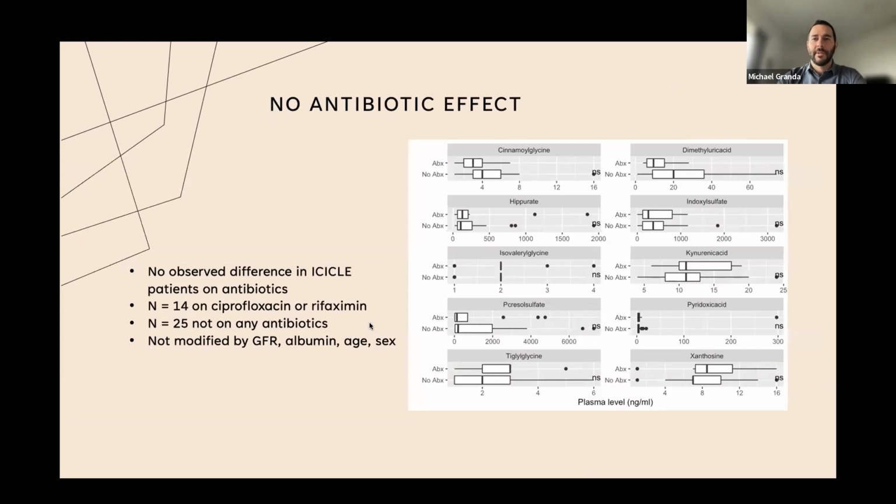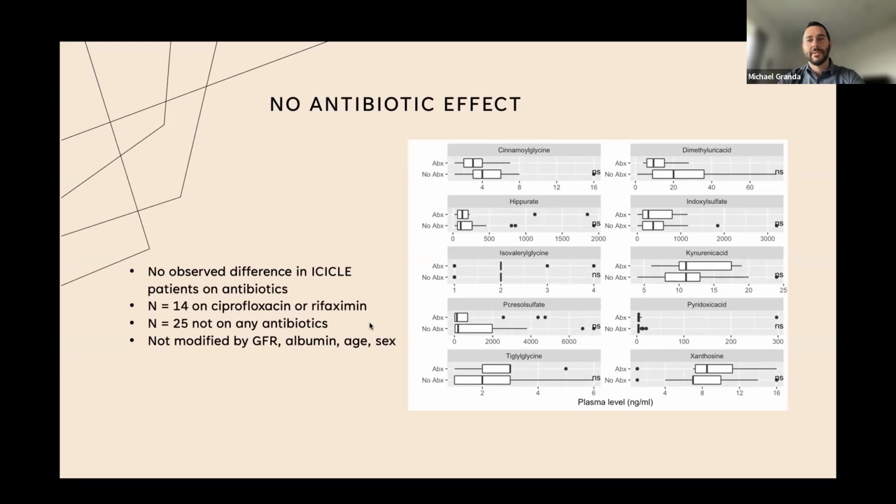Going back to another phenomenon I briefly discussed, many of the liver patients are on antibiotics, primarily for SBP prophylaxis. So as we talked about, antibiotics can exert a selective pressure on the gut flora and have been investigated in the past as tools to reduce uremic toxins in CKD patients.